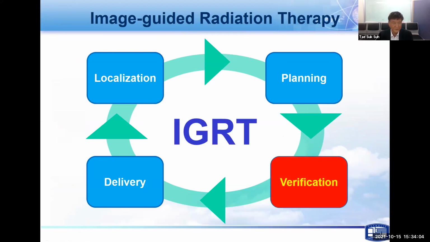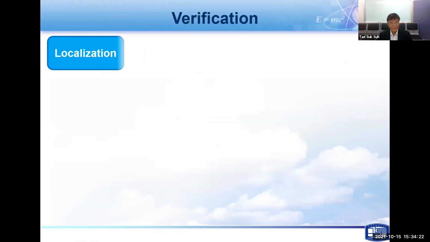The verification. The main concern in 4D verification is to check the position and dose of moving organs. The verification of a moving target is very difficult as the motion causes many variations.